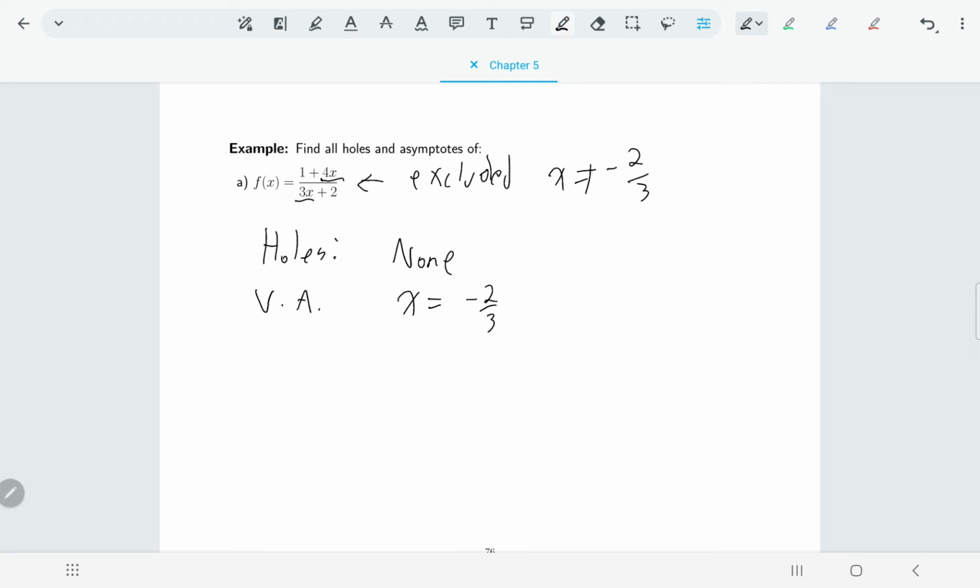They both have x to the power of 1 as their highest power of x. And so this is that one special case where we do have to do a little calculation for our horizontal asymptote, and that would be that it's the line y equals leading coefficient for the top over leading coefficient for the bottom. So for this rational function, we have the horizontal asymptote y equals 4/3.